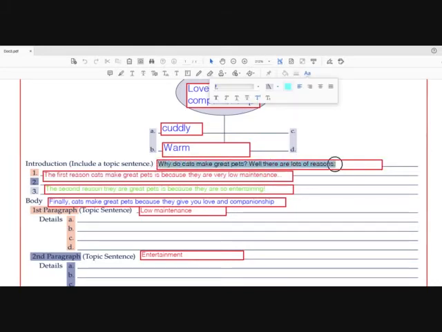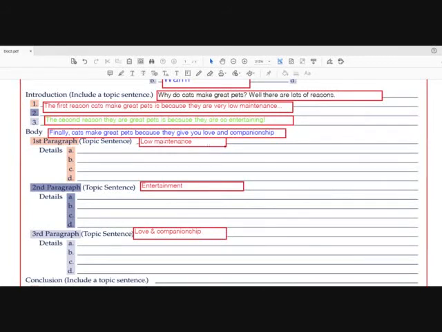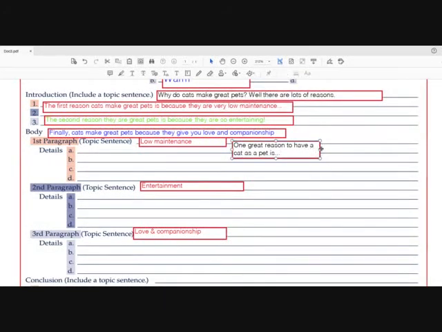So as you fill this in with the kids, they're going to start to see, look, so they're low maintenance. So the topic sentence is, one great reason to have a cat as a pet is, and that's your topic sentence.